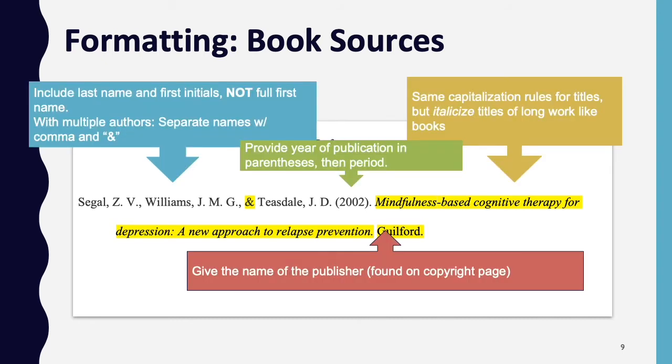Citations for books need the book title to be italicized and written in title case, as in the previous slide for a journal article. If there is a colon in the title, capitalize the first letter in the word after the colon. You also have to include the name of the book's publisher after the title. The title and publisher name should be separated by a period.